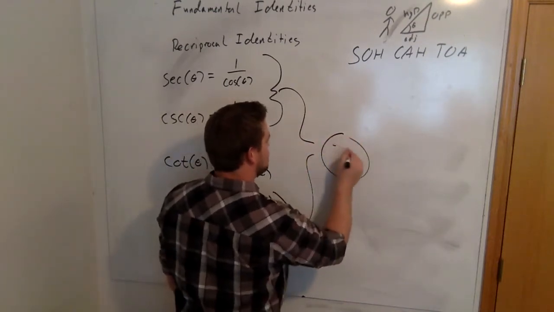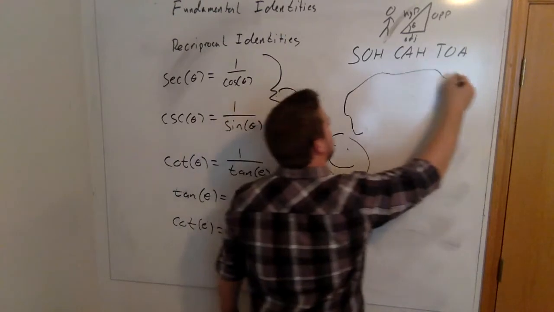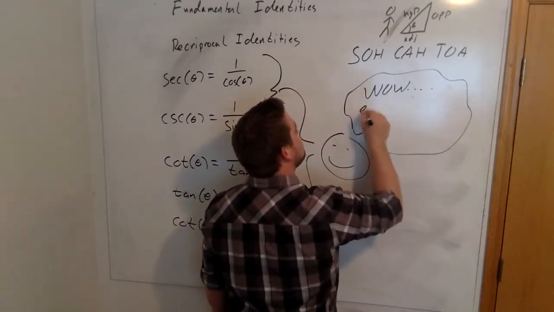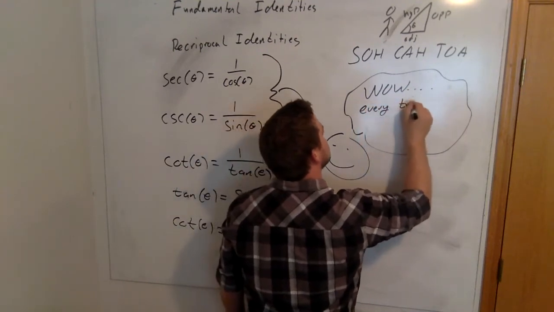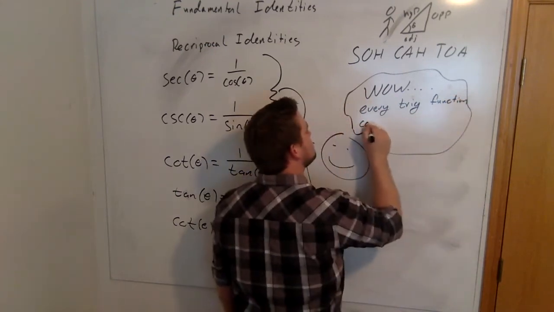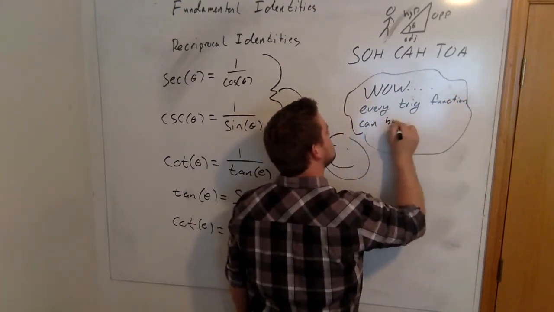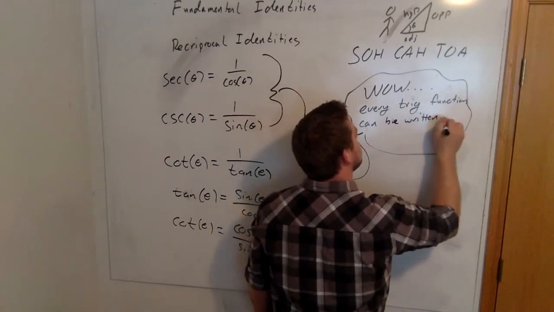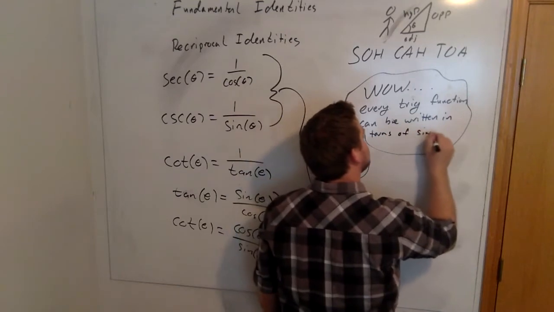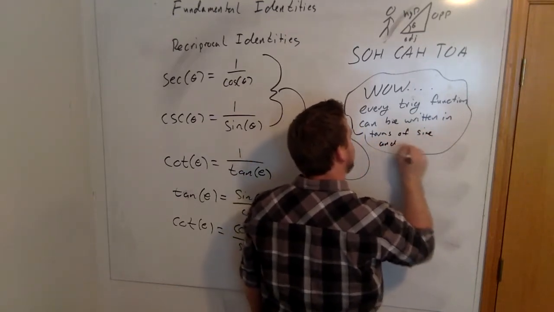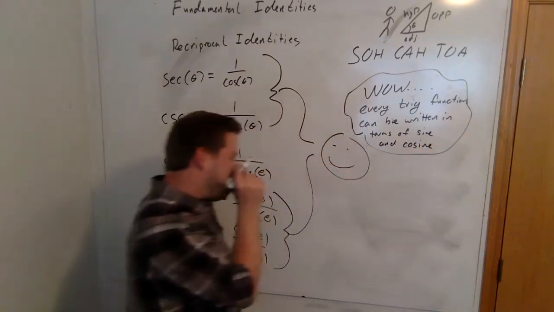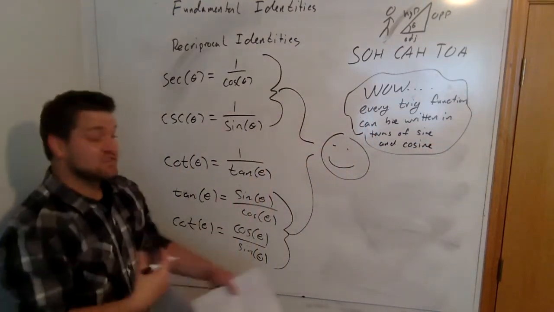So in our head, we should think to ourselves, wow, every trig function can be written in terms of sine and cosine. So not necessarily both of them. So I can take any trig function and I can write it in terms of sines and cosines, and that's really great here.